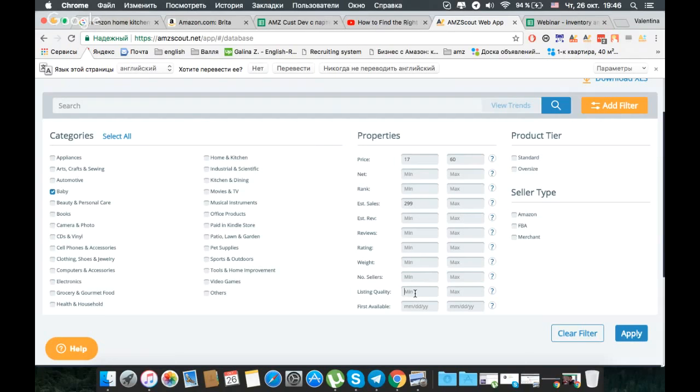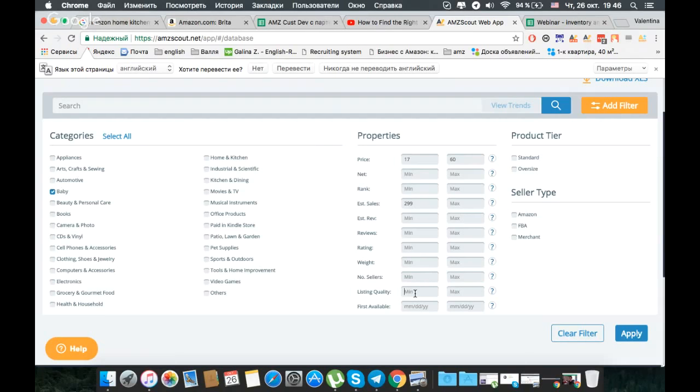It is based off a lot of things, like the number of symbols in the description, the quality of photos, if the seller is FBA, and some other things, number of bullets. I will probably comment on that again in the extension.